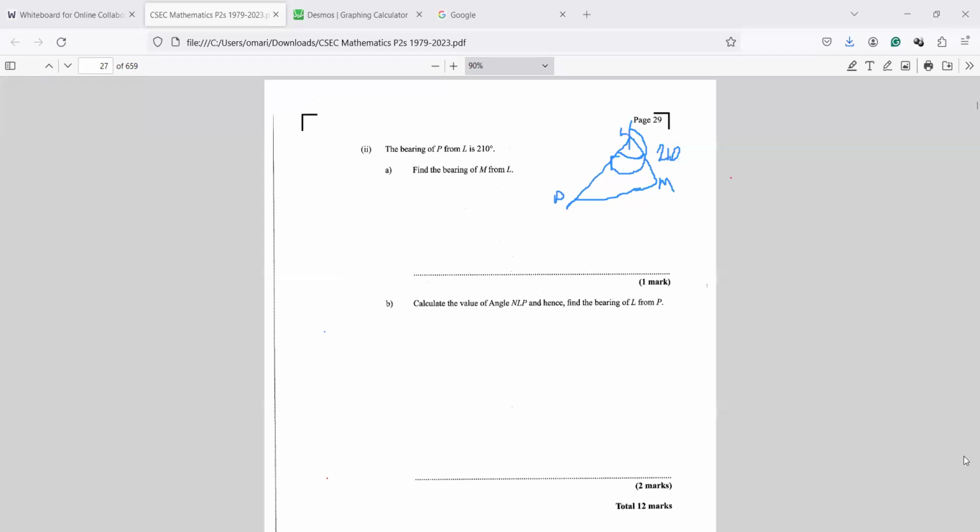So they rephrase it to say the bearing of L from P. So remember, once the letter comes after from, that's going to be a starting point. So we're going to put a little N here. And they want us to find L from P. So this little distance here.